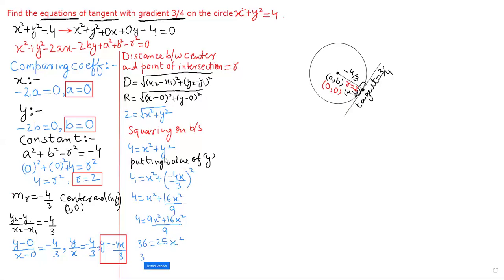So 36 over 25 equals to x square. So जब मैं अब इसका रूट लूंगा, अब देखो इन्होंने सवाल में क्या कहा था? इक्वेशंस ऑफ टेंजेंट। तो जब इक्वेशंस ऑफ टेंजेंट कहा था तो मैं जब इसका रूट लूंगा तो मैं प्लस माइनस दोनों को लेके चलूंगा. बी केयरफुल अबाउट इट. सो द वैल्यू ऑफ एक्स व्हेन आई विल टेक द रूट ऑन बोथ साइड, द वैल्यू ऑफ एक्स विल बी कमिंग plus minus 6 upon 5. Okay, this is my value coming over here.